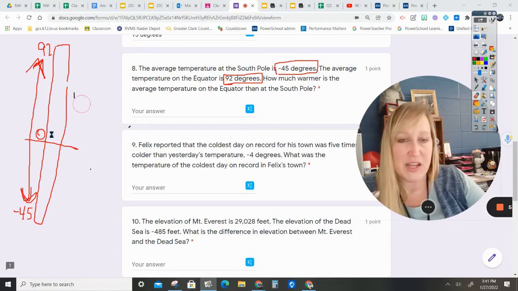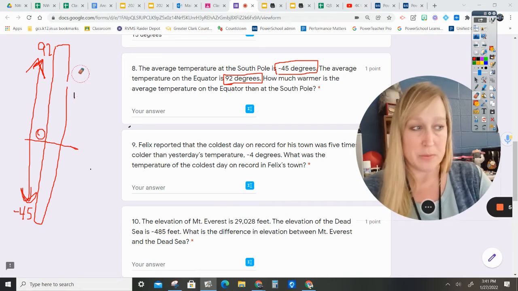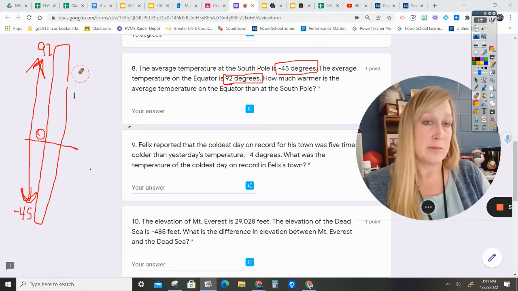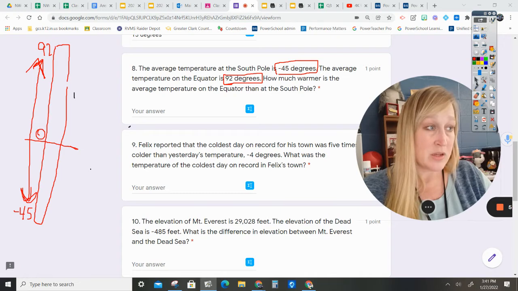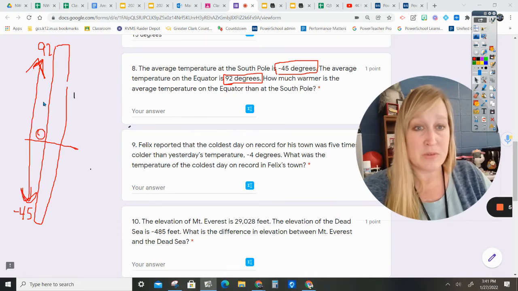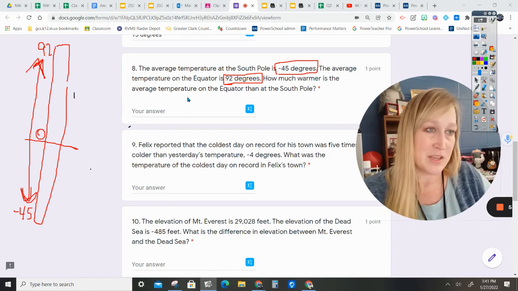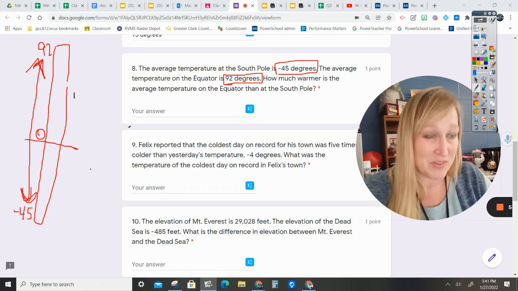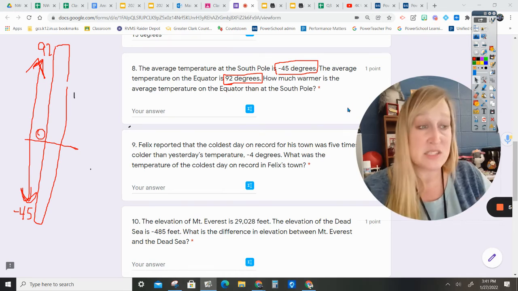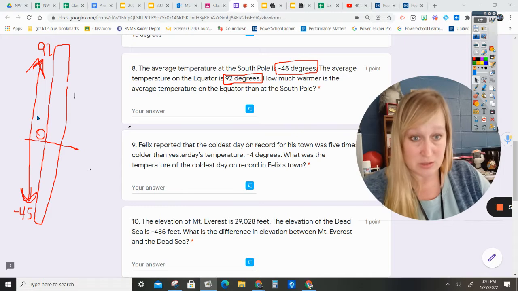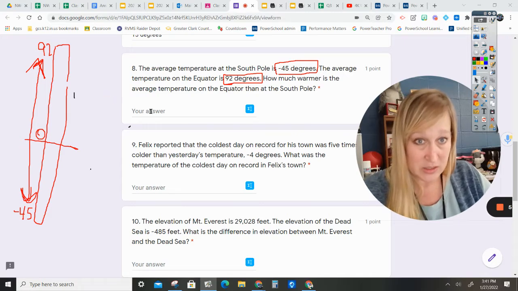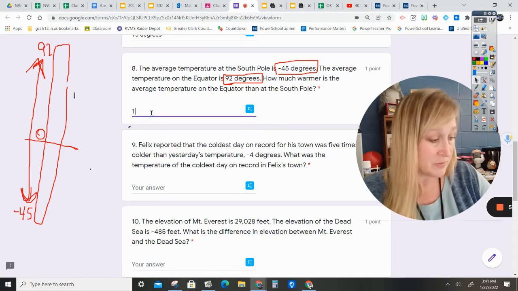It's understanding this picture part, which is why when I do these problems, I often draw a picture. The number sentence may not work, but we figured out, and I erased everything, that it's 92 plus 45, which makes a difference between the two. This long distance right here was 137.